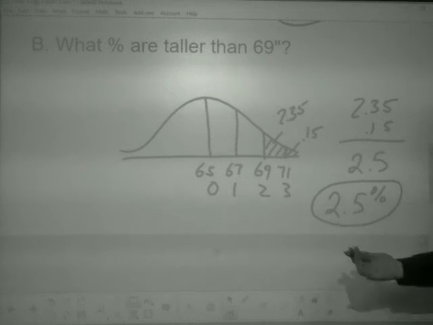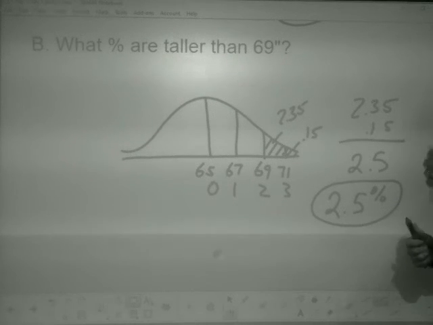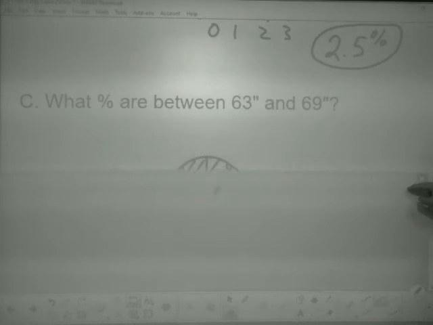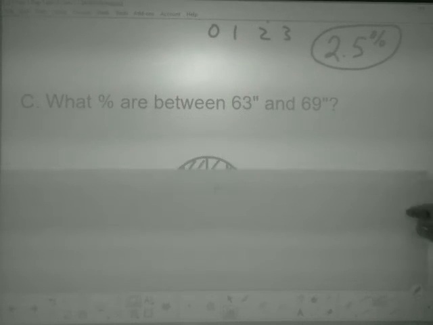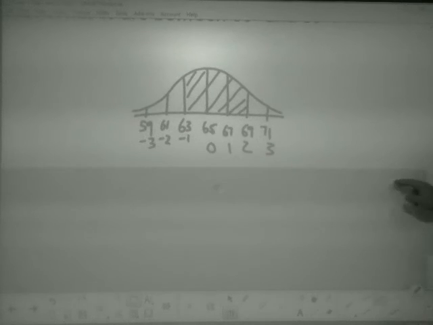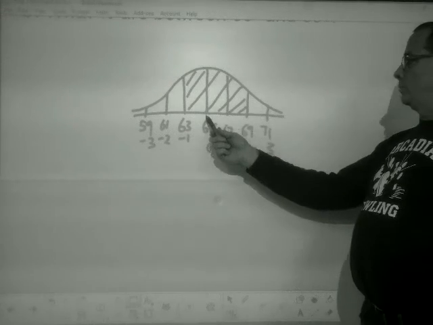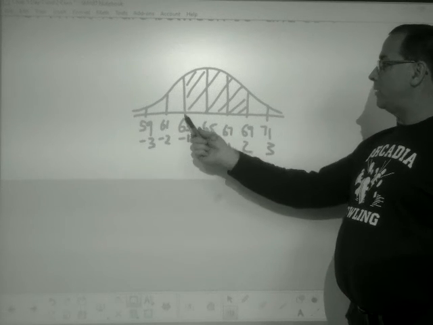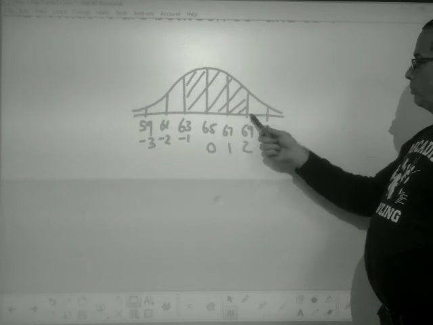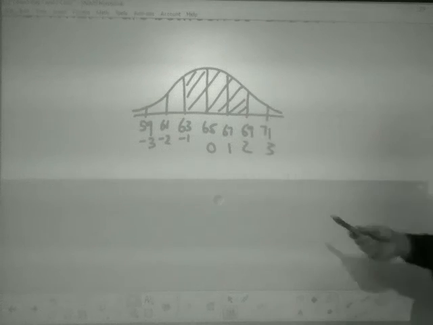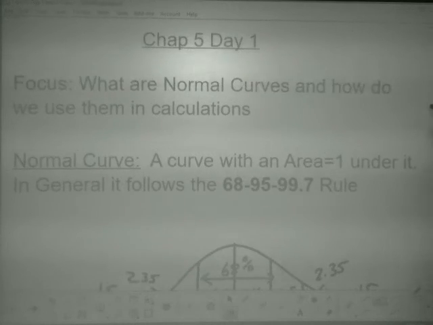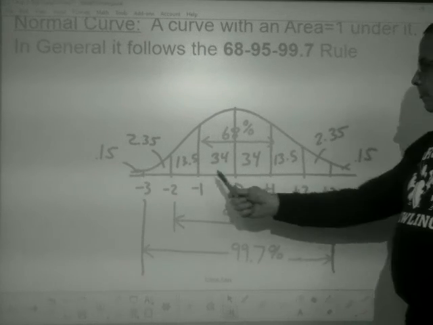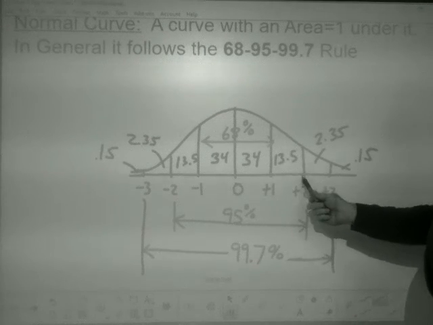Rough estimate, on average, using the 68, 95, 99.7 rule. What percent are between -1 and +2? Here's the same graph drawn again. Again, I lay out the mean, 1, 2, 3, -1, -2, -3. So I'm from -1 to +2. I go back to my chart. I start at -1 and go up to +2.